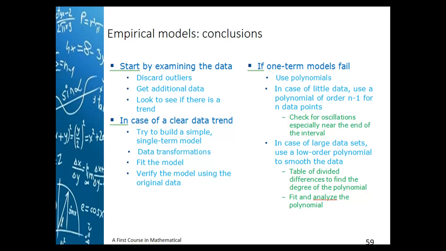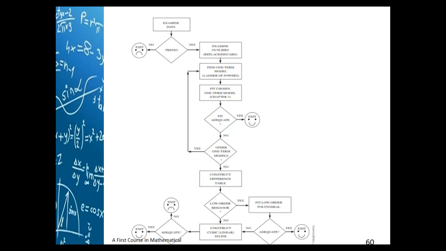If not, then do whatever is necessary, and then you can look at the cubic spline polynomial as well. So these are the concluding points of what we do, in a framework type of algorithm, just to simplify the things that you've learned so far.